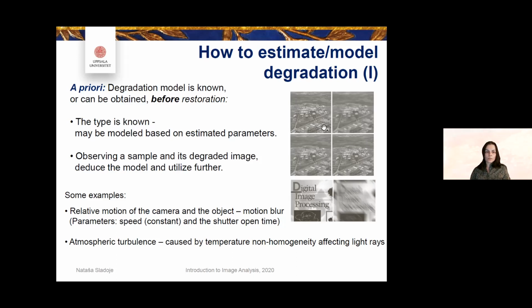Or, for example, when we know that there are some aerial images, and we know that there is some atmospheric turbulence that acts and blurs our image to some extent, we know that that one is a result of some temperature non-homogeneity that then affects the image acquisition process.